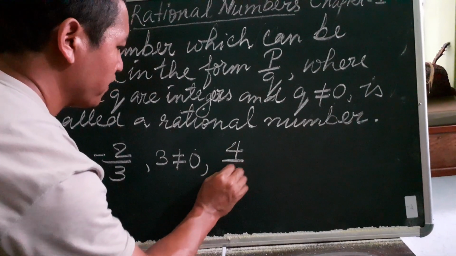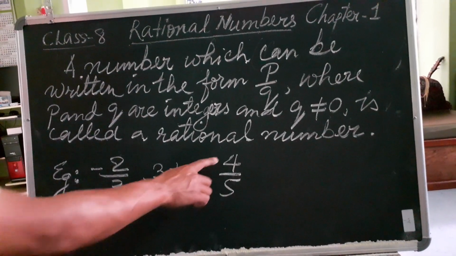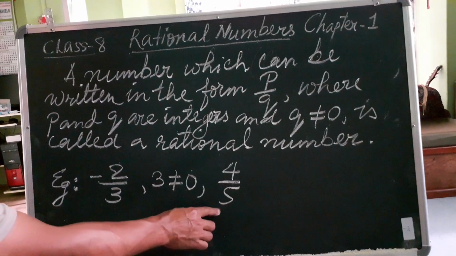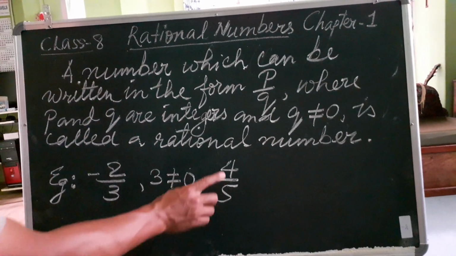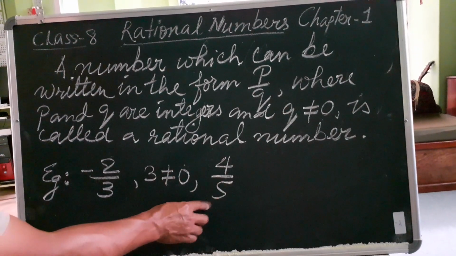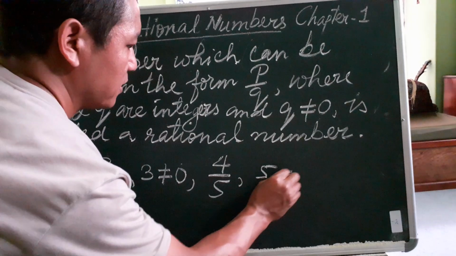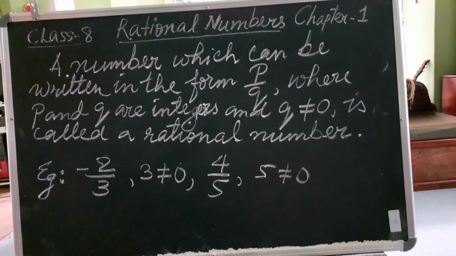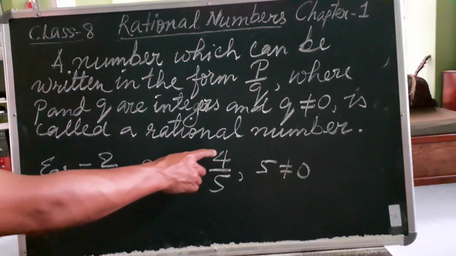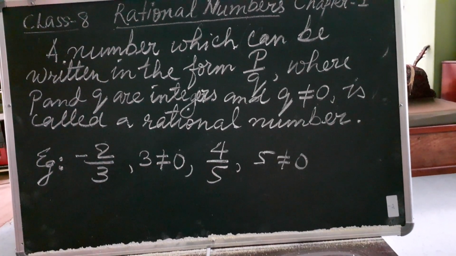Let us see 4 by 5. 4 by 5 is also a rational number, since 4 is an integer, 5 is an integer, and 5 is not equal to 0. 4 by 5 is a positive rational number.